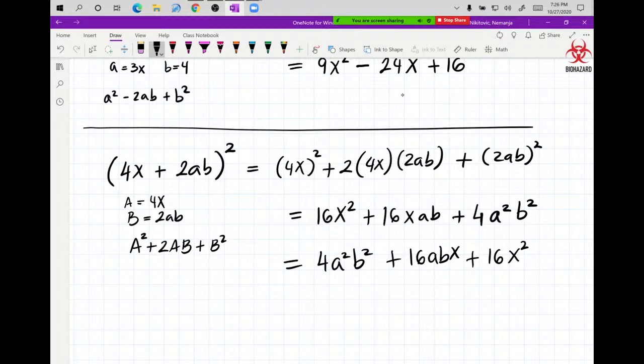16 plus the 4. Okay, wait. So I understand the 16xab. So the 4a squared b squared, that's the 2 times 2, okay, 4 a squared b squared. Its own square, right?